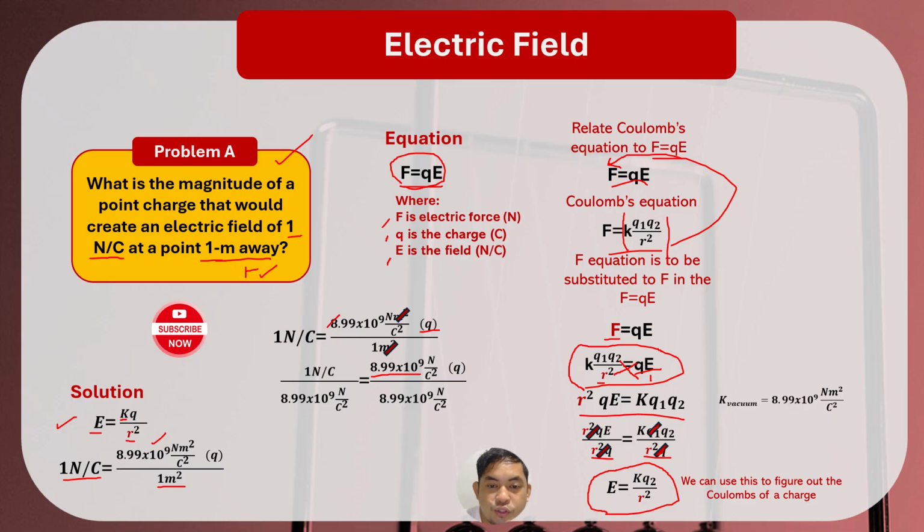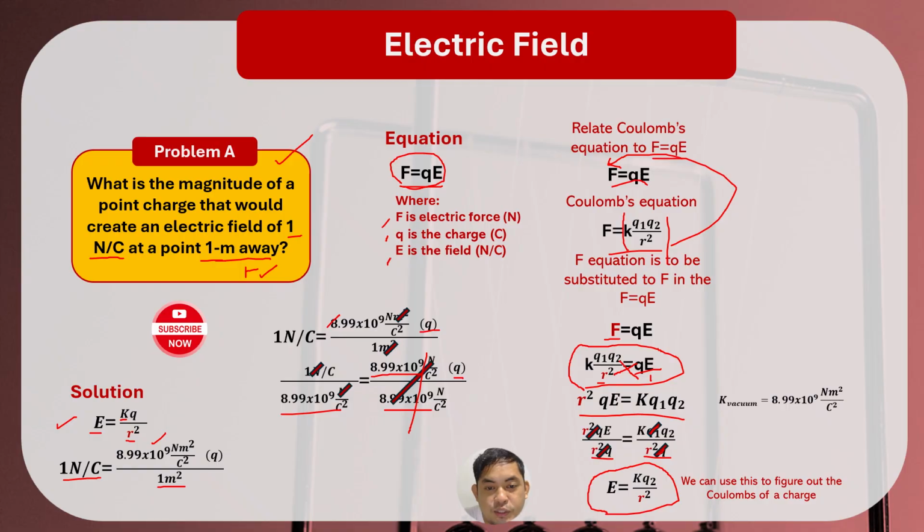And the next thing we should do is to divide both sides by this magnitude here, 8.99, so that we can cancel it out. You also have to divide the other side with the same value. We can cancel this value here, because 8.99 times 10 raised to 9 divided by the same magnitude will result in 1. So we isolated Q because that's the goal.